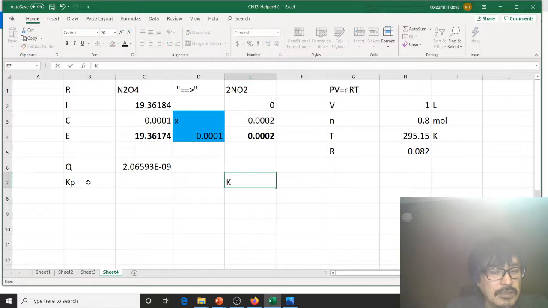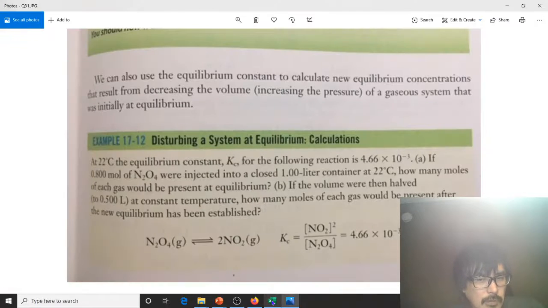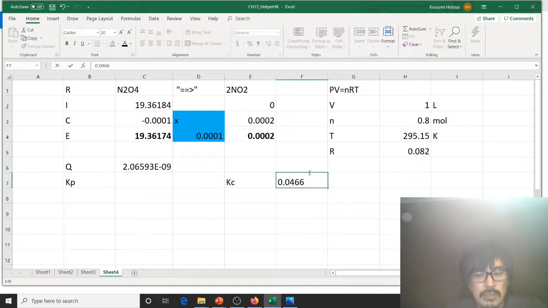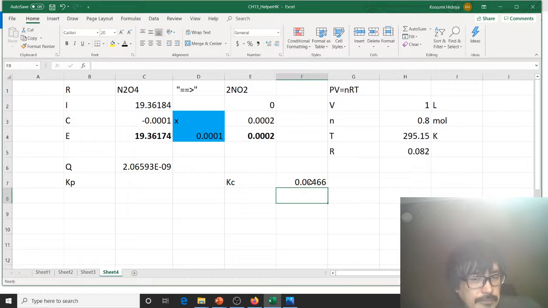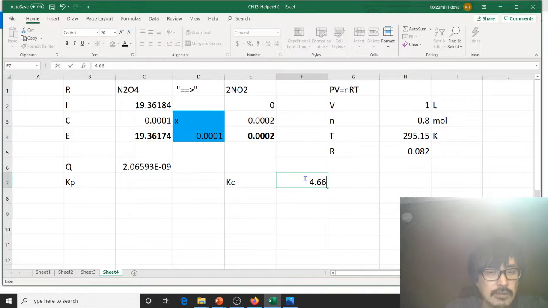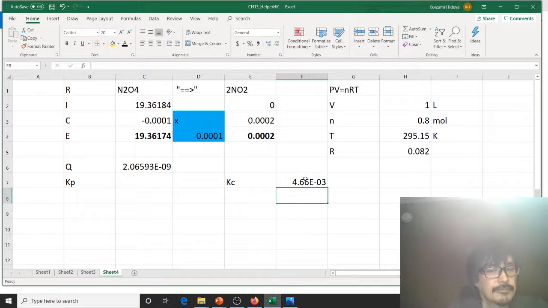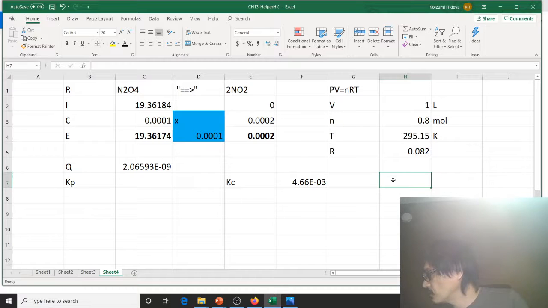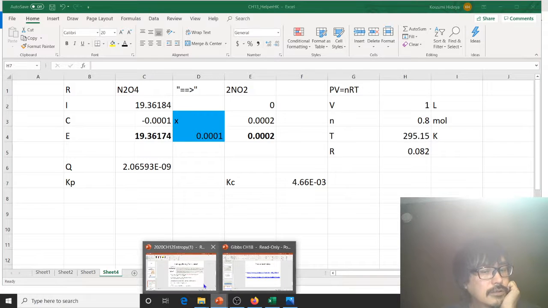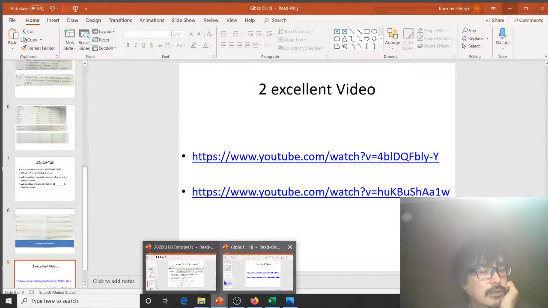And Kc is the one that we know, 0.00466. If you are not understanding this one, then it's e to the negative 3. The same number, 0.00466, right? And then the Kp and the Kc are related by this particular formula. I don't want to make a mistake here, so I'm just looking for it. Let's see, how is that thing?